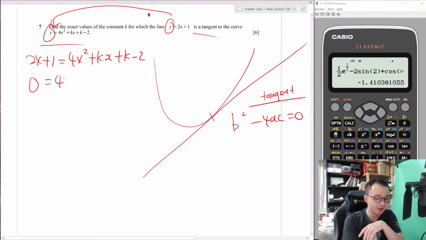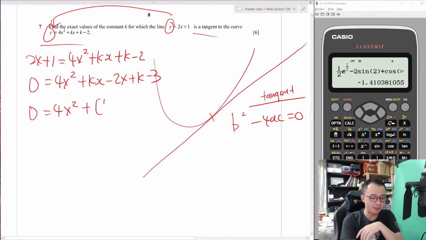Make it 0. 4x squared plus kx. Then move the plus 2x to minus 2x, plus k plus 1 minus 3. Then I know my a is 4, very simple, and I know my b is k minus 2, also very simple, and I know my c is k minus 3.